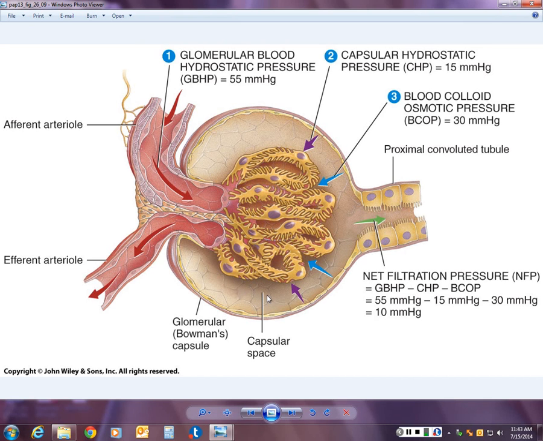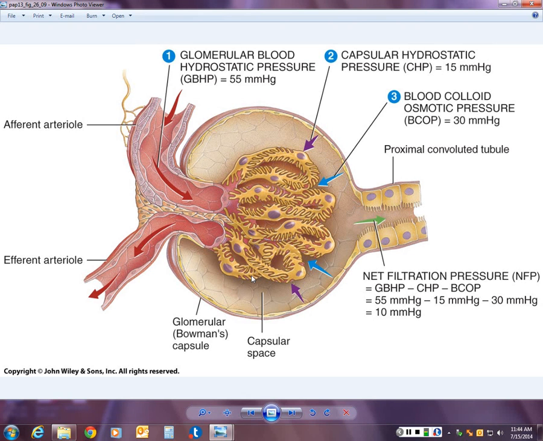So in order to figure out this force or this pressure, what we need to do is summarize all the forces that are going to try and cause fluid to go from the glomerulus and into the capsular space, and we must subtract from that force all the forces trying to drive fluid from the capsular space back into the glomerulus.